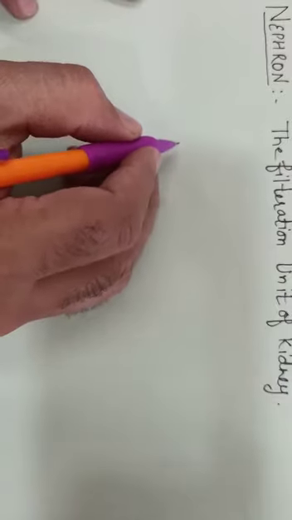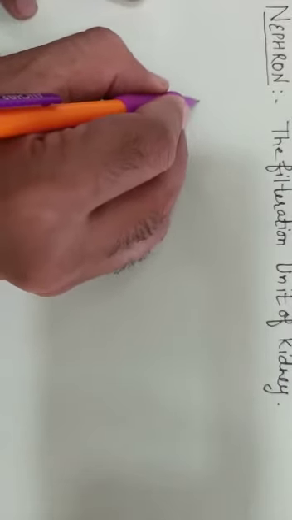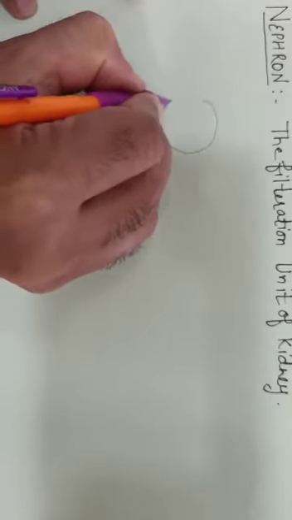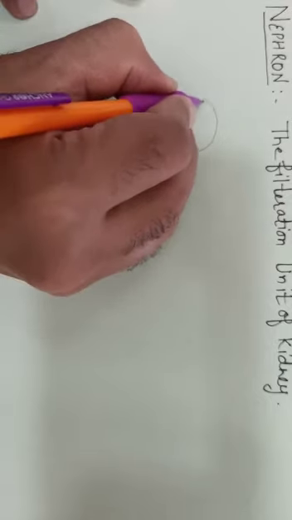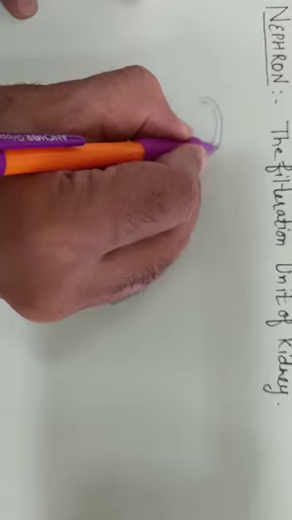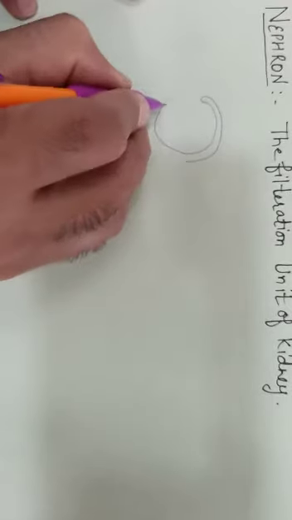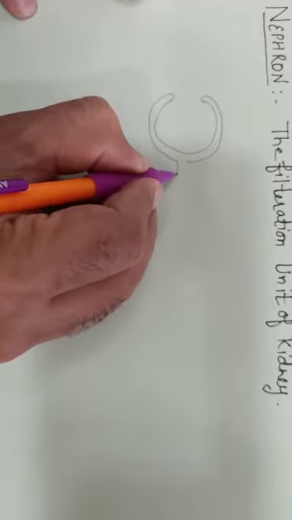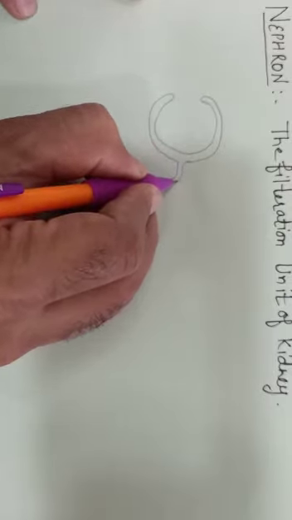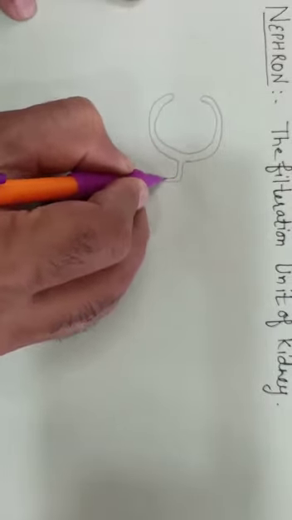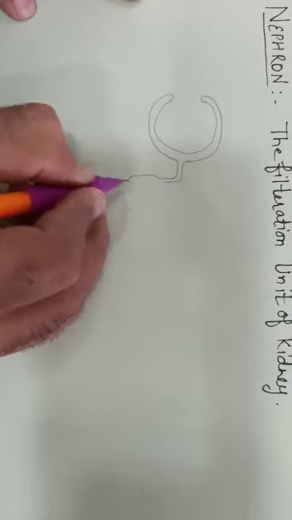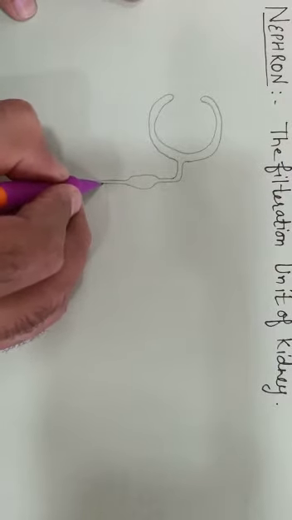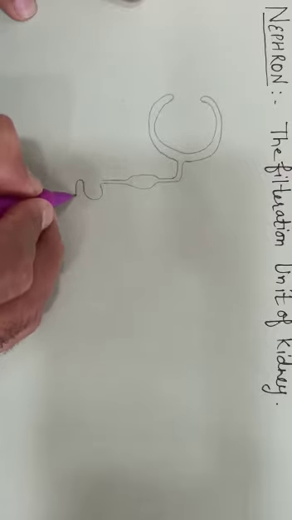First of all, we will make the cup shape structure, and this cup shape structure is called Bowman's capsule. Now, a coiled structure.